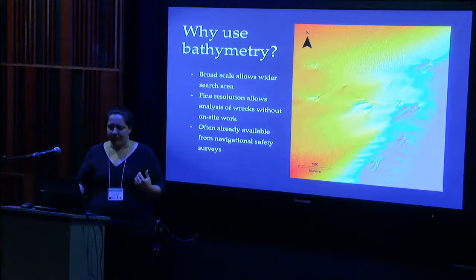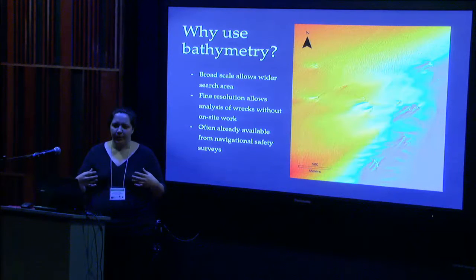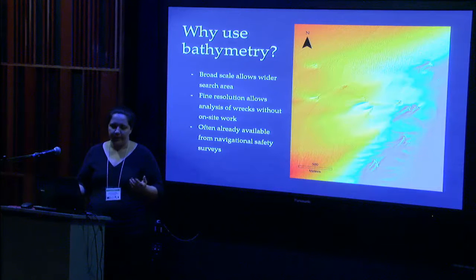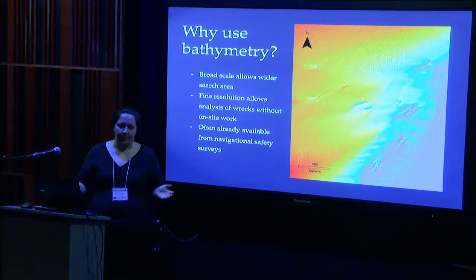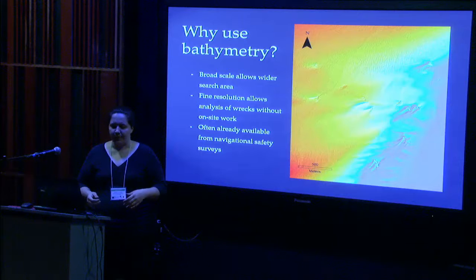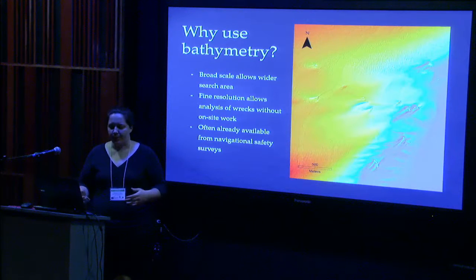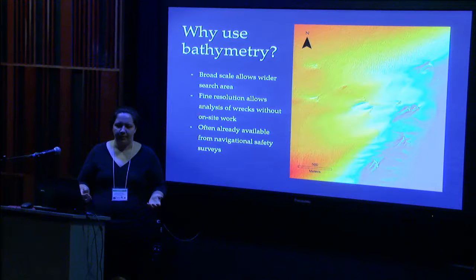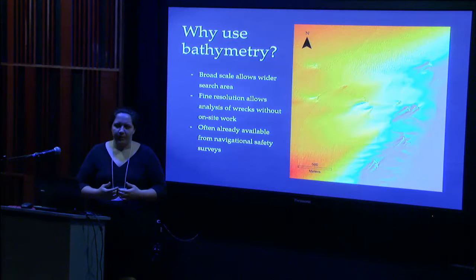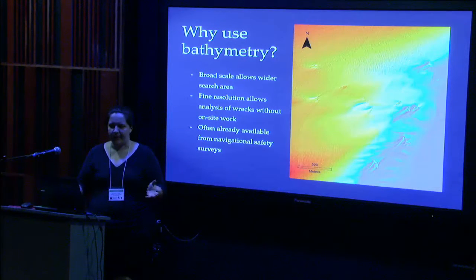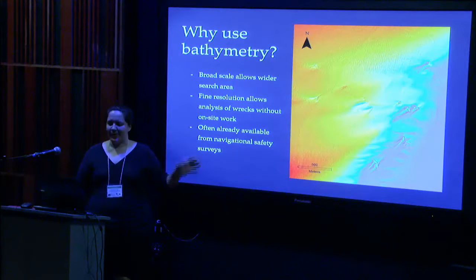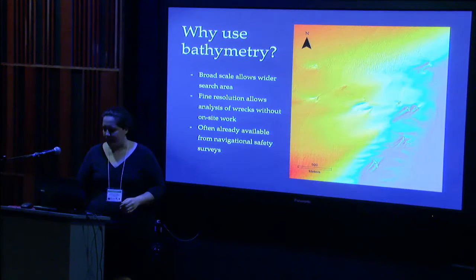The fine resolution allows pretty decent analysis of wrecks without having to go through any on-site work. And often bathymetric data sets are already available because they're super useful for navigational safety and other projects that might involve construction in the ocean. So these kinds of data sets are out there for a lot of places if you look for them.